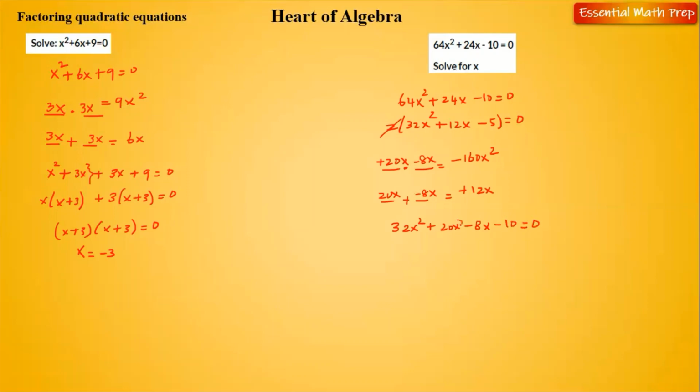So if we split this equation into two halves, the maximum we could take out of the first half would be 4x. So if we take 4x out of the bracket, then we get 8x plus 5.